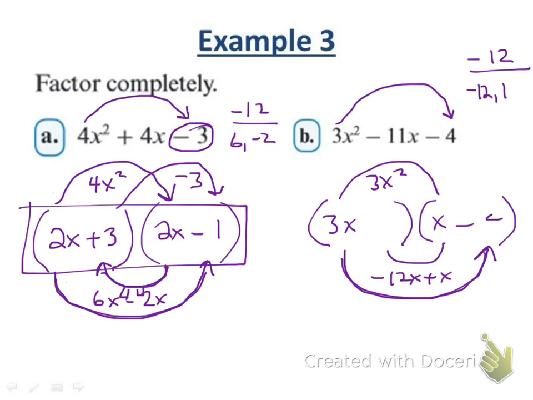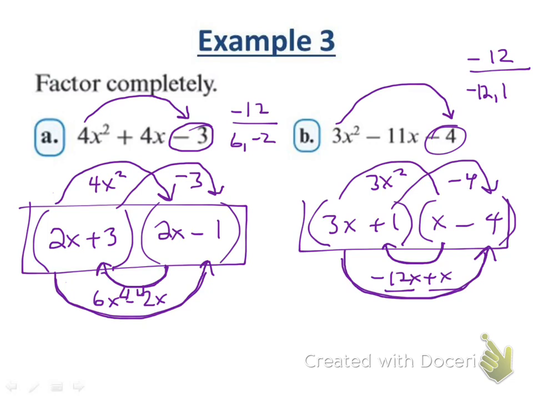Negative 4, right? That'll give me the negative 12x. And then this has to be plus 1, right? That gives me that plus x. What's 1 times negative 4? Negative 4. And see, we never considered this number. It just works. It's going to happen. It's kind of magic.